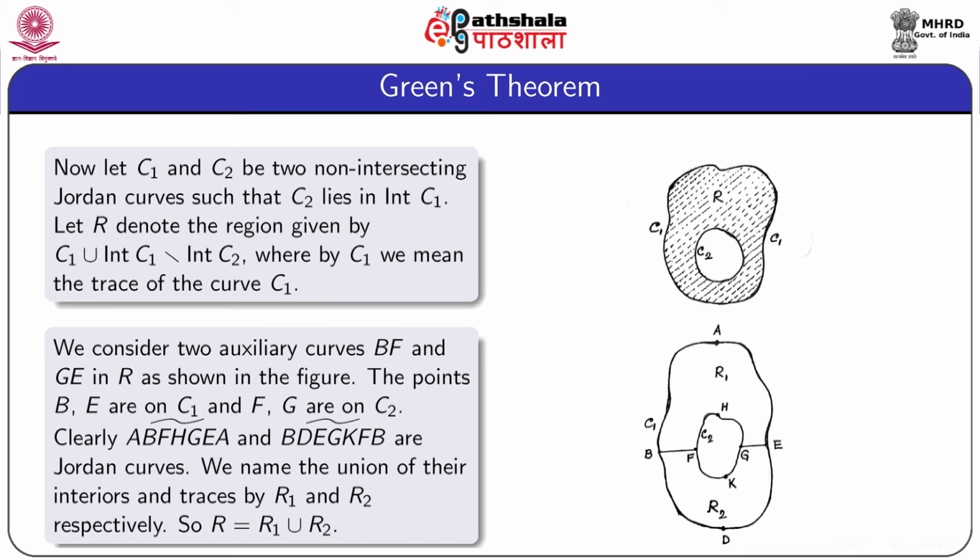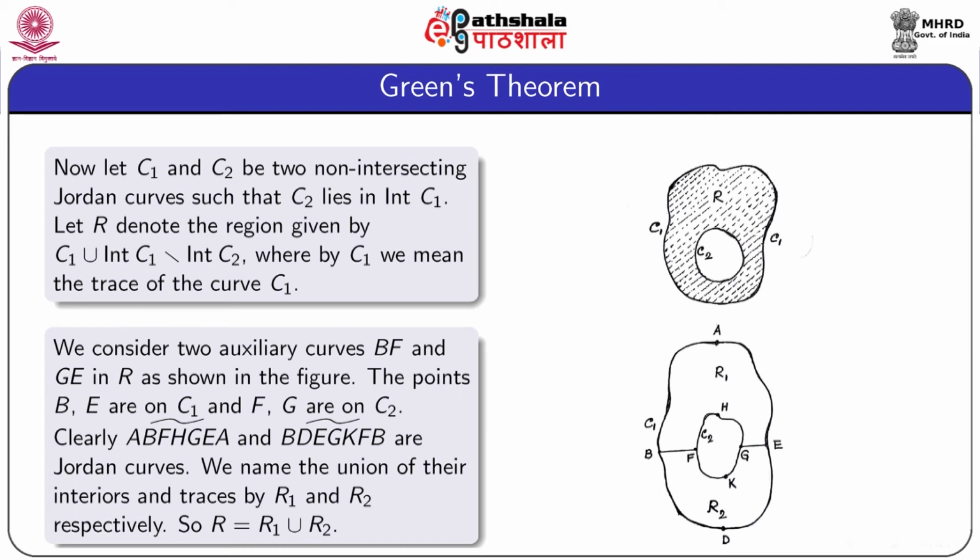In the adjacent figure, we have shown a figure which indicates a multiply connected region. Let C1 and C2 be two non-intersecting Jordan curves such that C2 lies in the interior of C1. Let R denote the region given by C1 union interior of C1 minus interior of C2, where by C1 we mean the trace of the curve C1.